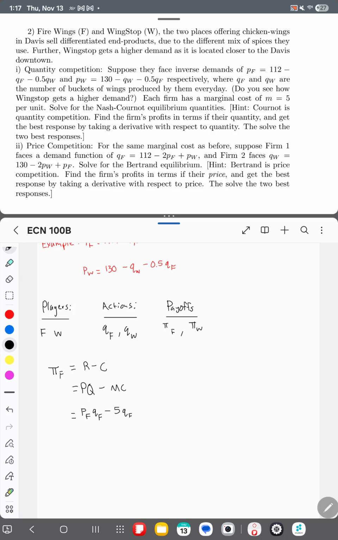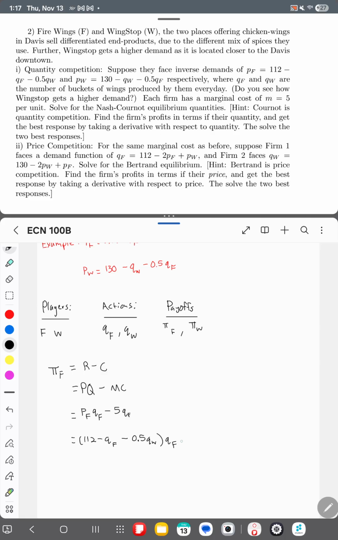So then what I can say next is that, look, this PF is already given on the question. So this is going to be 112 minus QF minus 0.5 QW times QF minus 5 times QF. So this is the profit. So even though I haven't given you the profit in a table, I can clearly calculate the profit. This is the profit. Just revenue minus cost, as always.